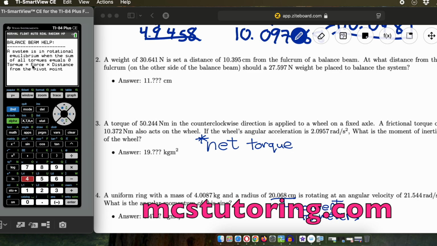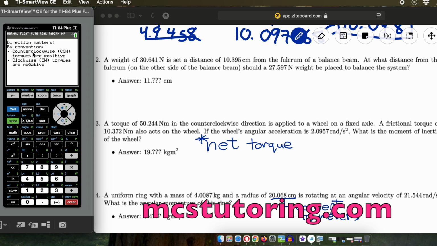It talks about rotational equilibrium, when the sum of all torques is zero. Torque is force times distance from the pivot point, like turning a screwdriver or a wrench. If you have a cheater bar, if you're used to mechanics, that helps increase the torque. And it goes for simple balance, where we can solve for distance or for force. It's kind of cool.